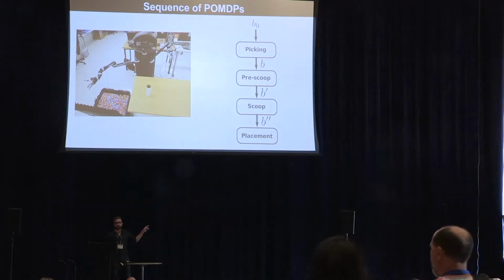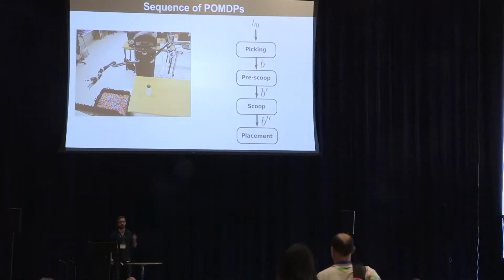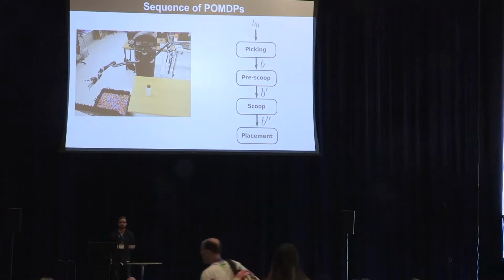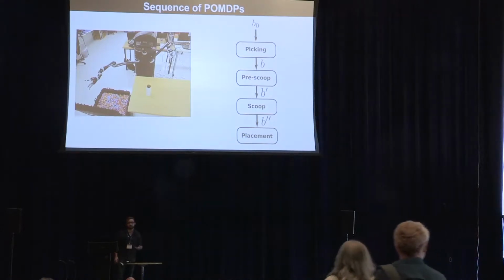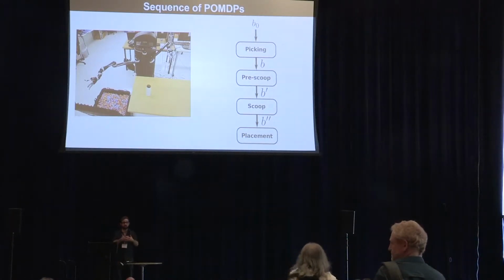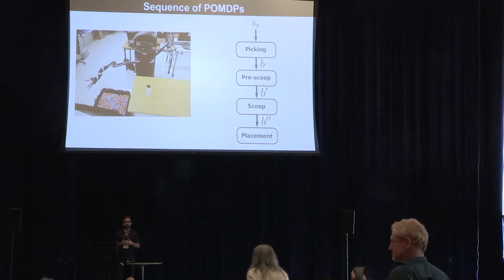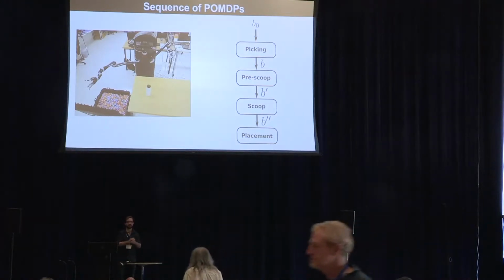Starting from an initial belief that we obtain using an initial scan of the environment, the first task for the robot is to figure out how to grasp and pick up the cup. Then in the second problem, the robot has to bring the cup near the candy box in a way that is beneficial for scooping. Then it has to do the actual scooping before putting the cup back on the table while avoiding spillage. Once one POMDP problem is solved, the current belief of the robot becomes the initial belief of the subsequent problem.